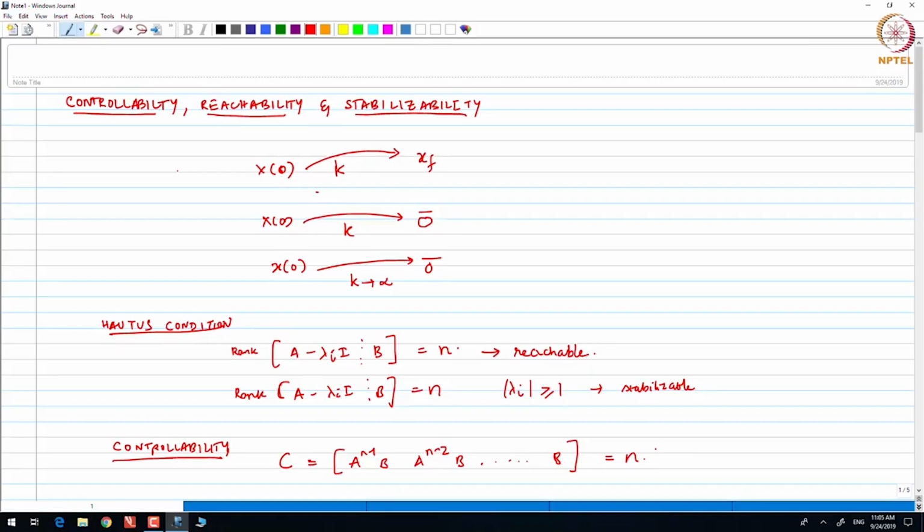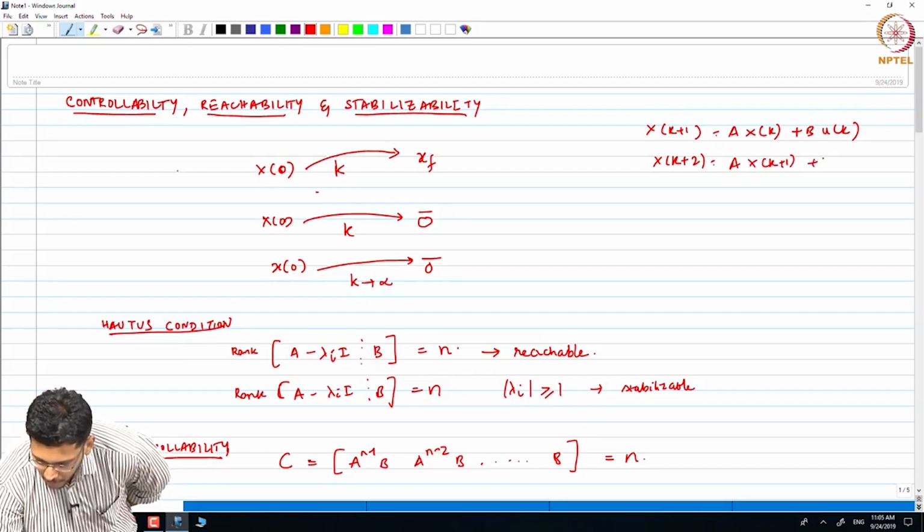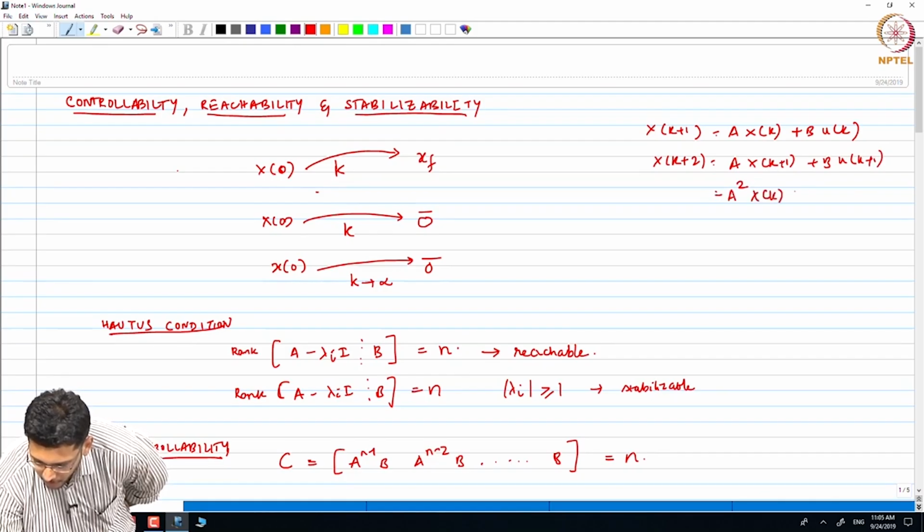Basically you start from x of k plus 1 is equal to A x of k plus B u of k. Then x of k plus 2 is A times x of k plus 1 plus B u of k plus 1, and then recursively we can derive.